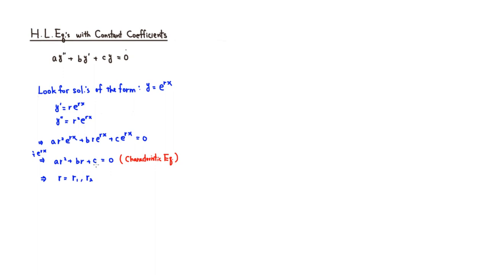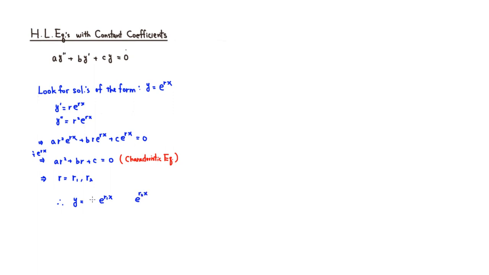If you have distinct real roots r1 and r2, then the general solution is y equals, if you use r1, e to the r1 x, and using r2, you get e to the r2 x.